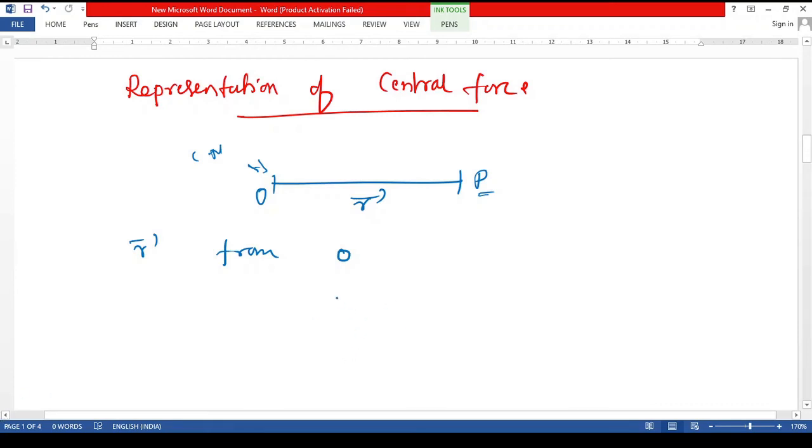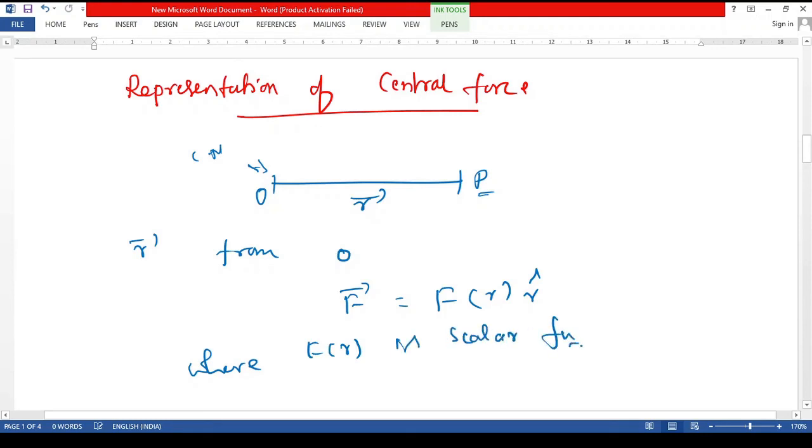That central force is given by vector F equal to F of r into r cap, where F of r is a scalar function of r, and r cap is the unit vector acting on the particle.